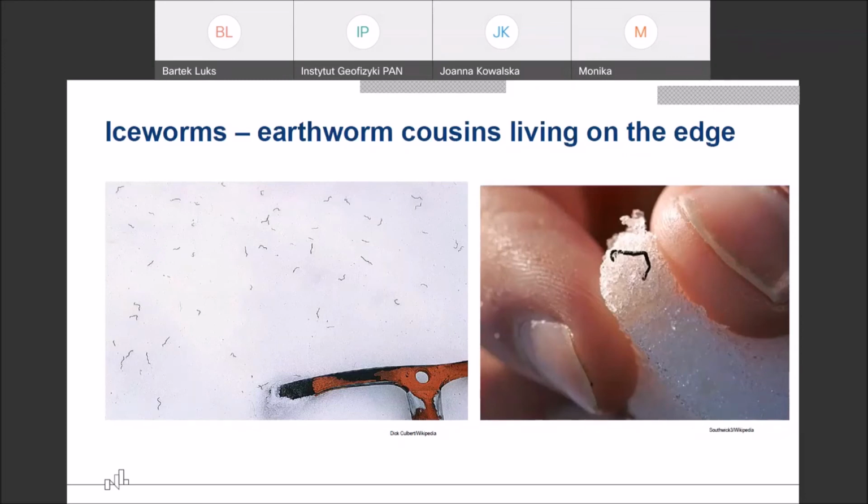An interesting thing is that during the summertime you can find them on a glacier surface as they are feeding, and during the wintertime they go a bit deeper in firn and hide in areas filled with air and a bit of liquid water to survive there during the cold months.